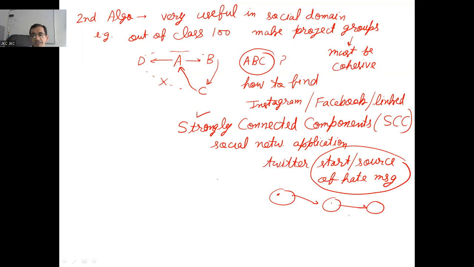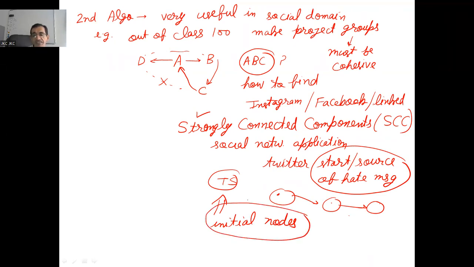Effectively, if I have a topological sorting, the initial nodes can be quite useful to find out who initiated these kinds of hate speeches. So over Twitter, if some data structure and storage are maintained with those dependencies, and we apply something like topological sorting, many of those things can be useful. That was the application of topological sorting, and for SCC, we have already seen the different applications.